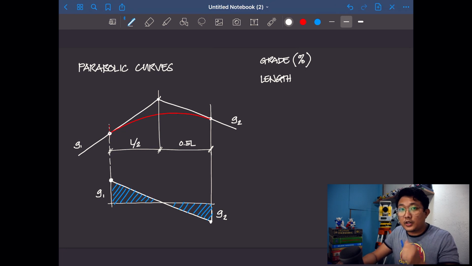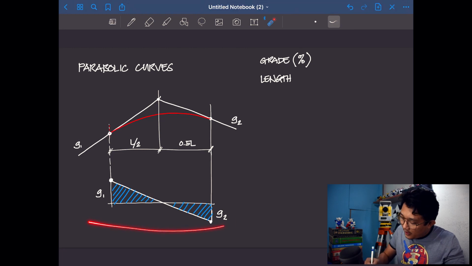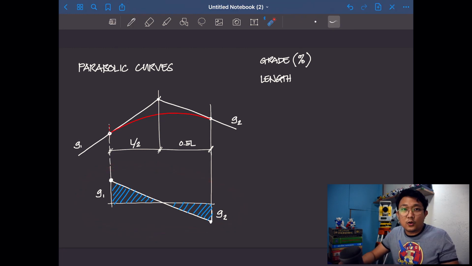Now, if we want to determine where the highest point of the curve is, you must remember from your calculus that when you take the first derivative and you get the slope, where the slope is 0 is where your maximum or minimum value occurs. So from our graph down here, we see that 0 slope occurs there.